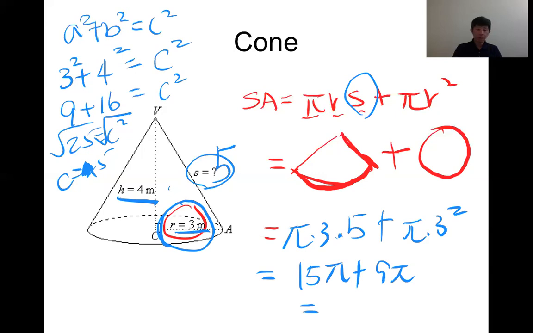Added together, that is 24 pi. Since this is a meter, it's meter squared. Can we leave the answer with a pi? Yes. So the answer is 24 pi meter squared. That is the surface area.